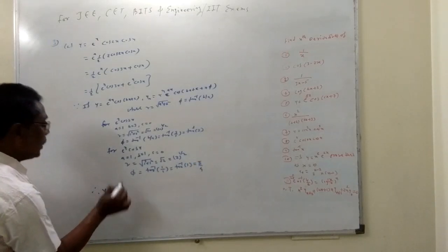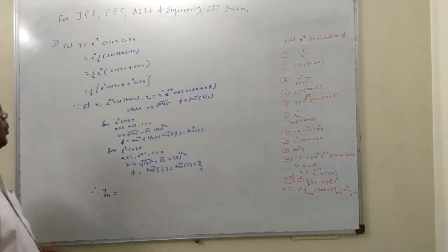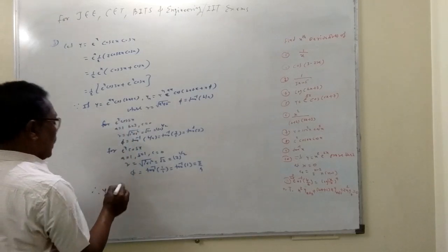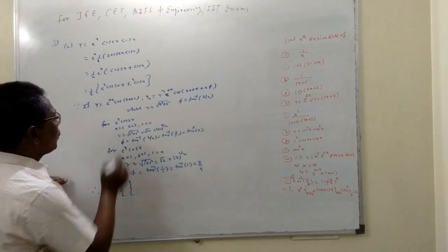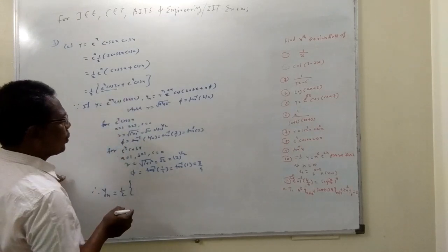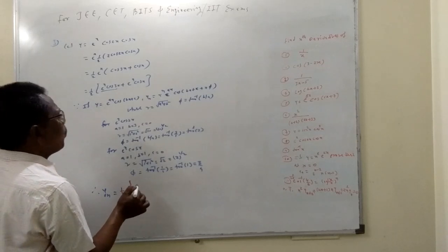Therefore yn is equal to, now you put this value in the formula. So 1 half constant into bracket. Now for the function e raised to x cos 3x, r is equal to root 10.